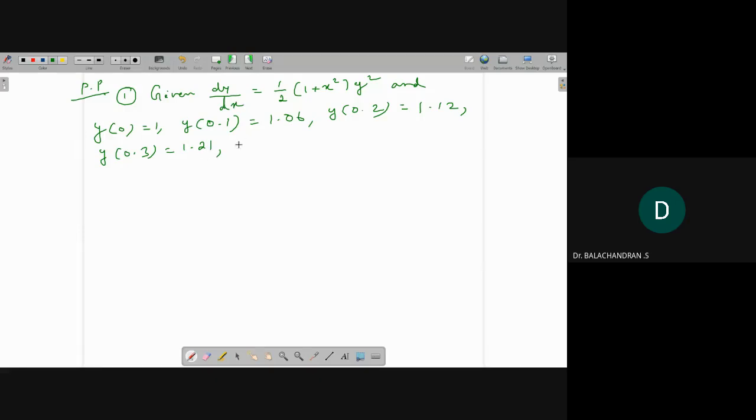Evaluate y of 0.4 by Milne's predictor corrector method.